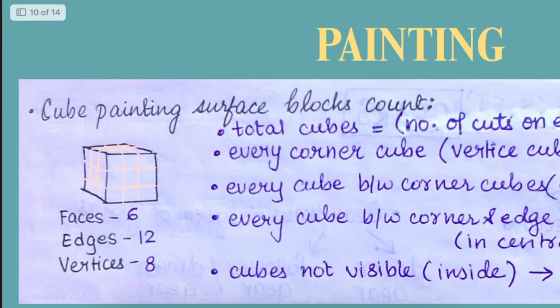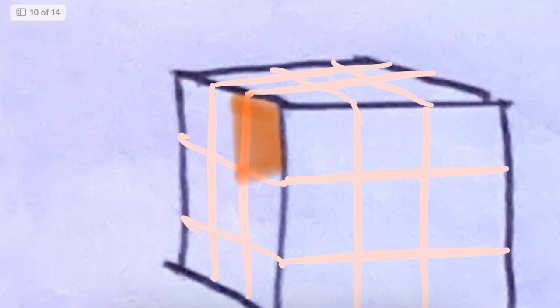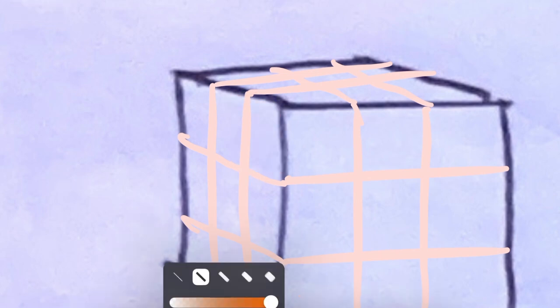If I have this, firstly, what will be your corner cube? The corner cube will be the one which is on the corner, right?